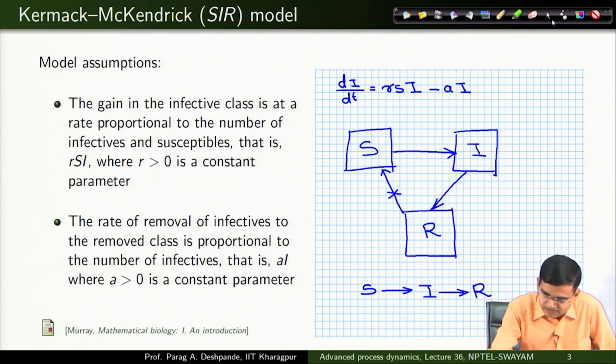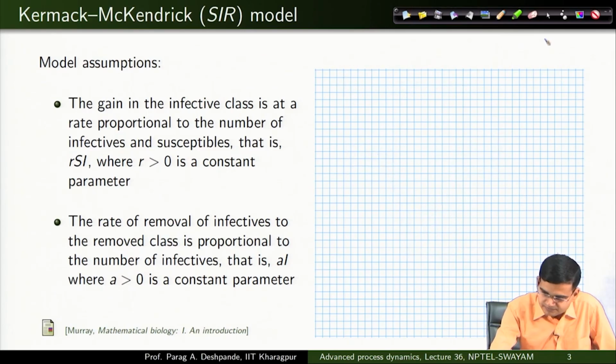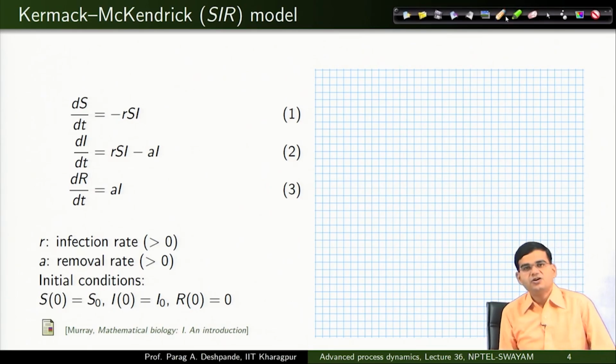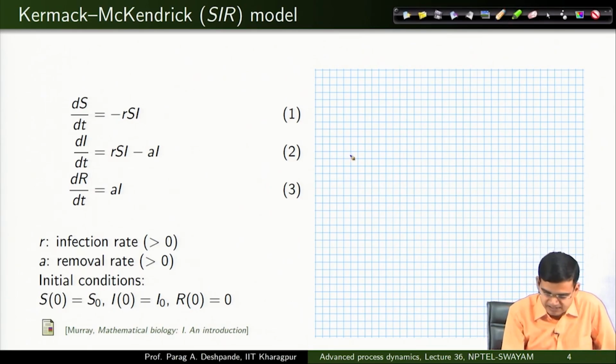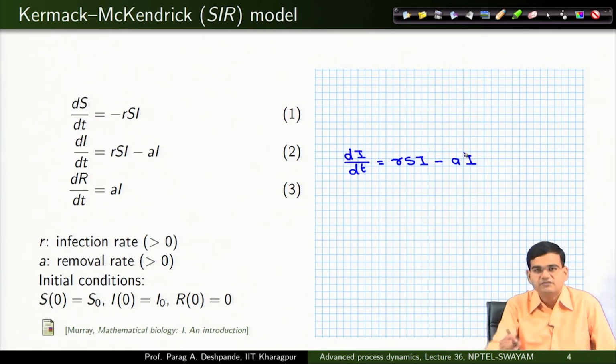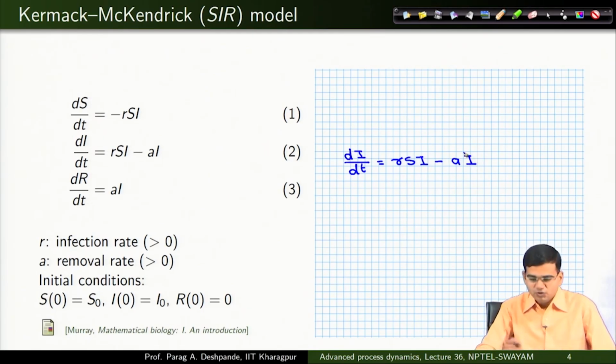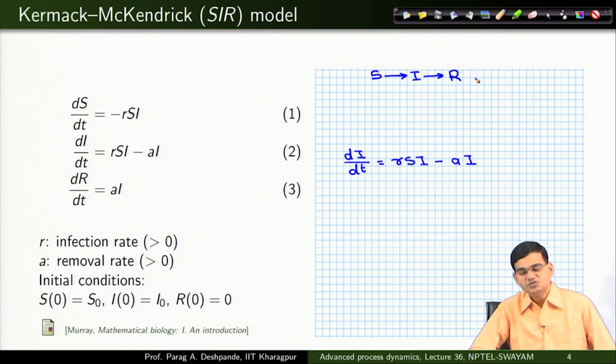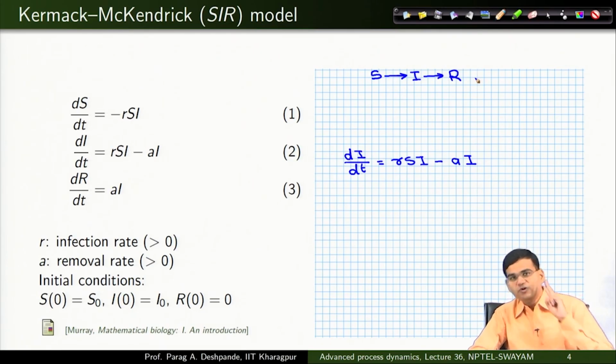So, if I have the equation for I given as dI/dt, which is equal to R S I minus A I, equation number 2, on the left hand side, then if I know that my flow is S going to I going to R, it is not very difficult to see that for I, I have two fluxes.